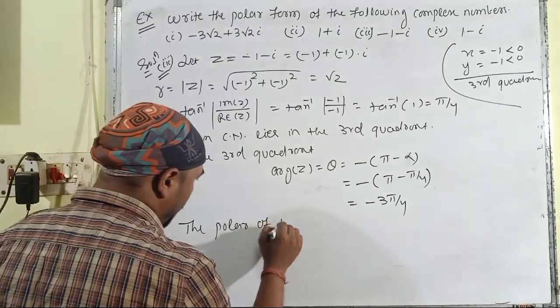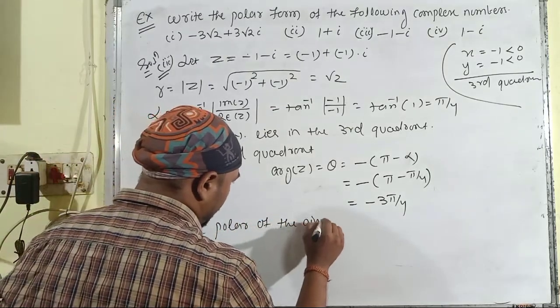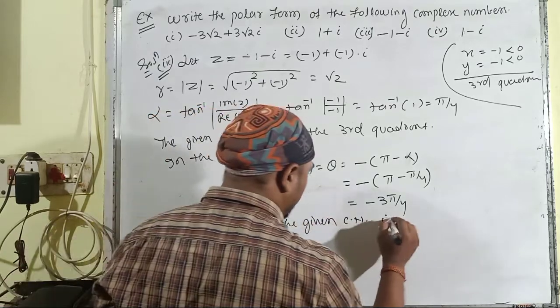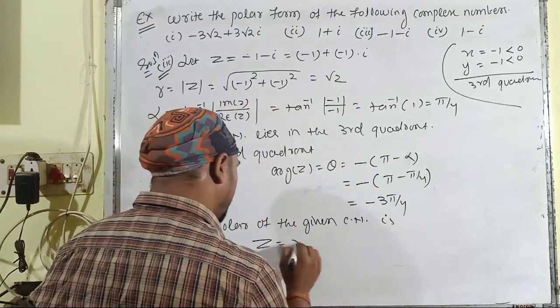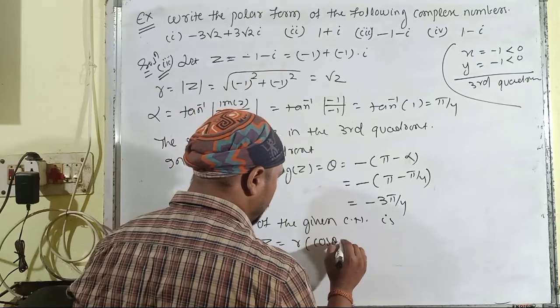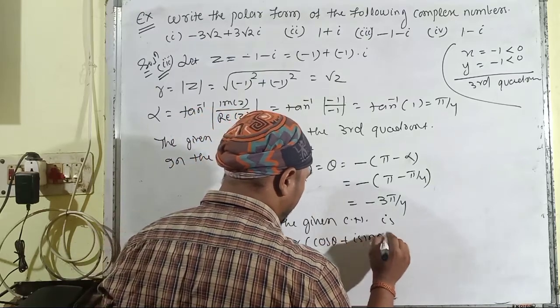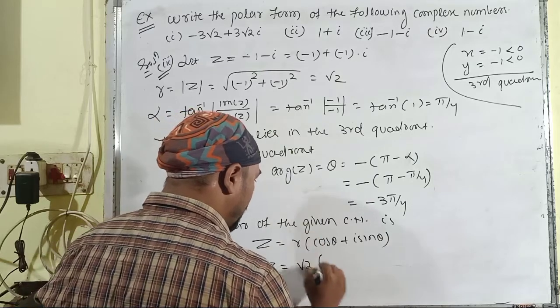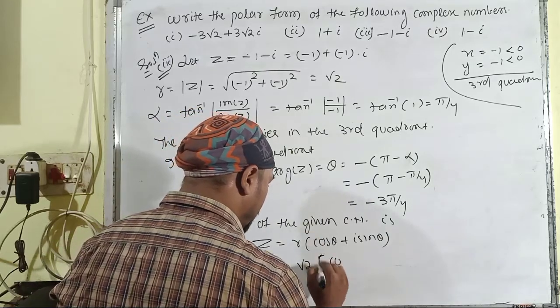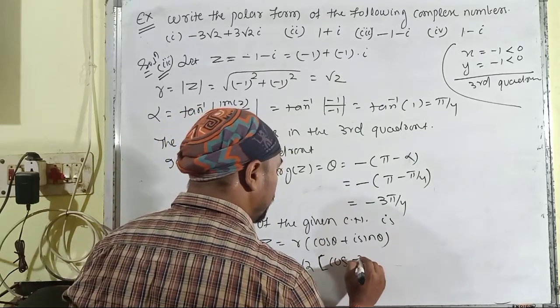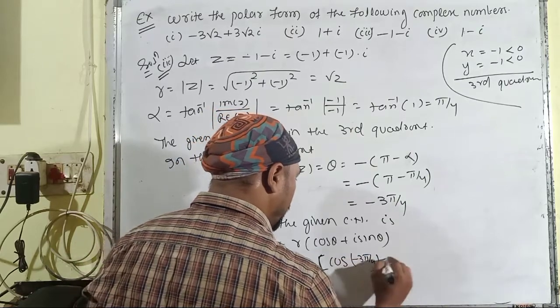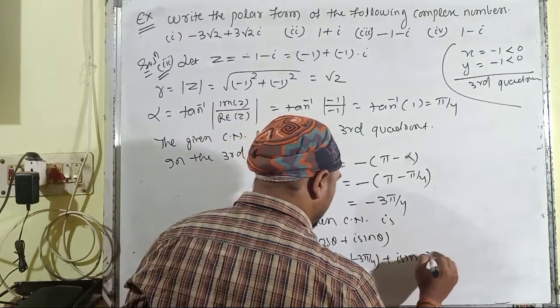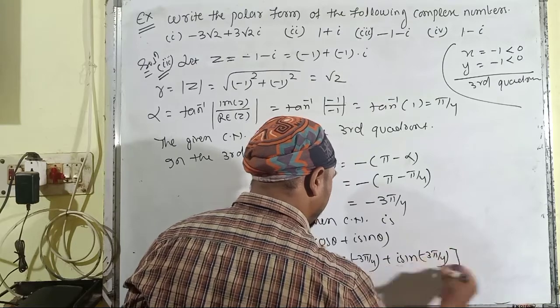The polar form of the given complex number is z is equal to r multiplied with cos theta plus i sin theta. Then z is equal to root 2 multiplied with cos minus 3 pi by 4 plus i sin minus 3 pi by 4.